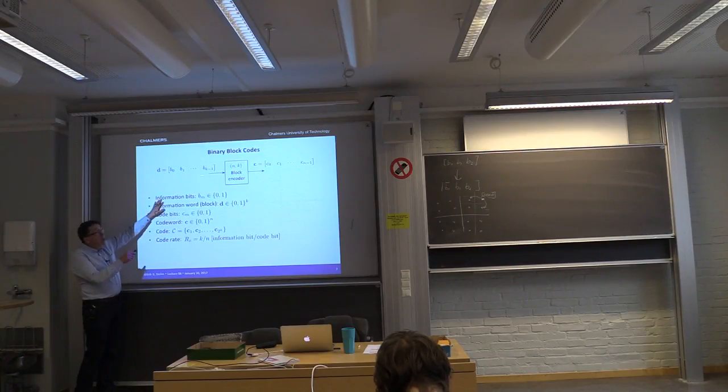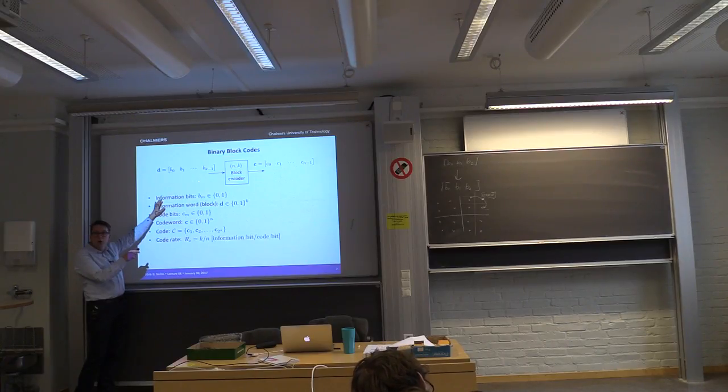The input bits here, we call them information bits. These are the bits which belong to the payload, the user data that should be transmitted. We denote them by small b, and b_m is the mth of those, so it's zeros and ones.